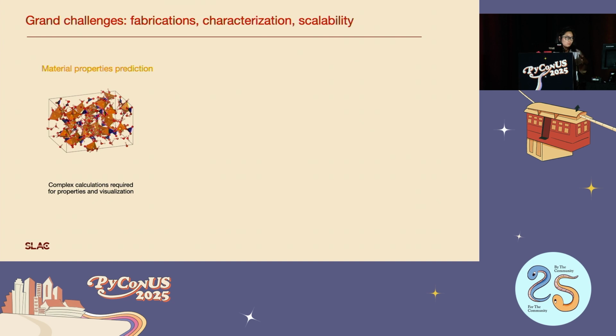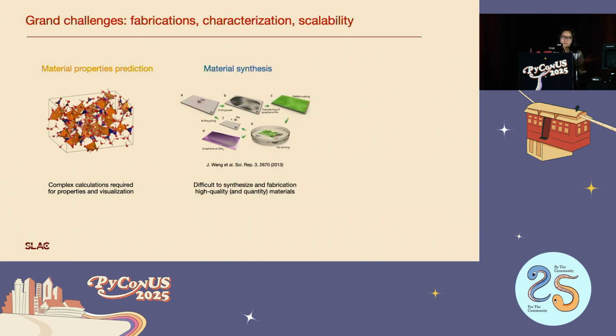So, but there are challenges that come with this ambition. One is, okay, we can put these electronics together or these materials together, but how do we know what properties they have? And how do we change their properties when we put them next to each other, which will likely happen.